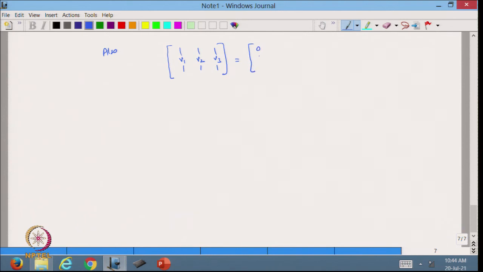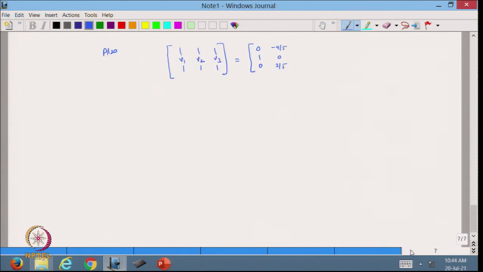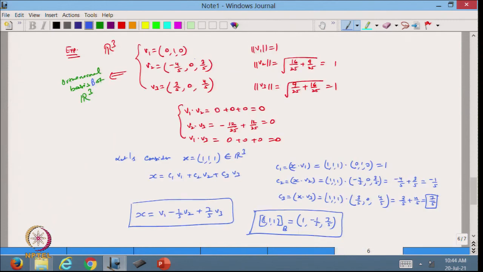So, it is 0, 1, 0; minus 4 by 5, 0, 3 by 5; and then in the last it is 3 by 5, 0, 4 by 5. So, this matrix we have taken, I call it matrix U. Now, we have already seen that these column vectors are orthonormal.